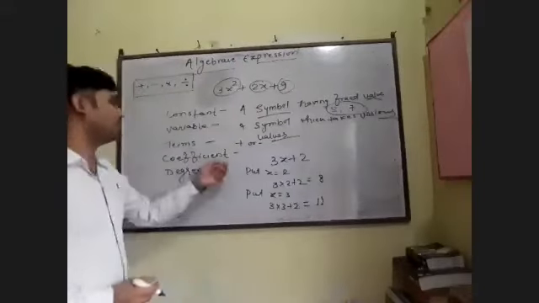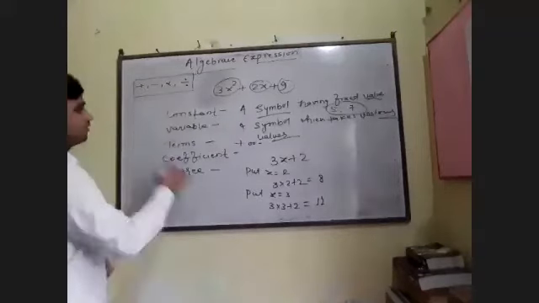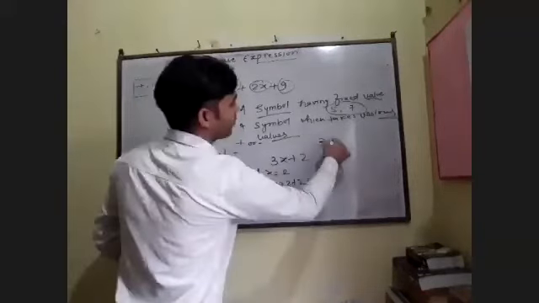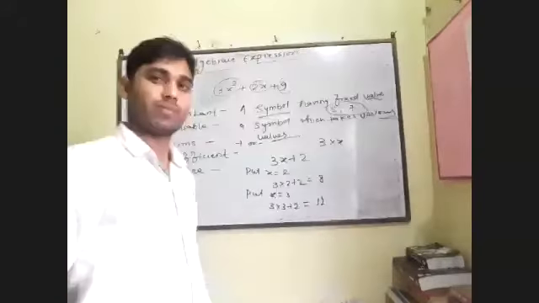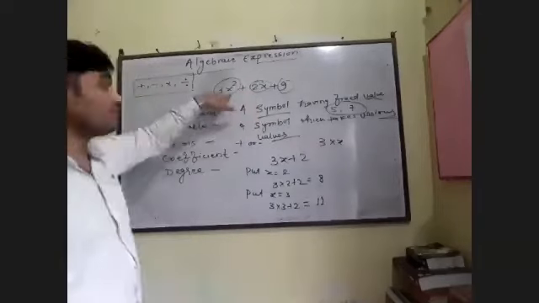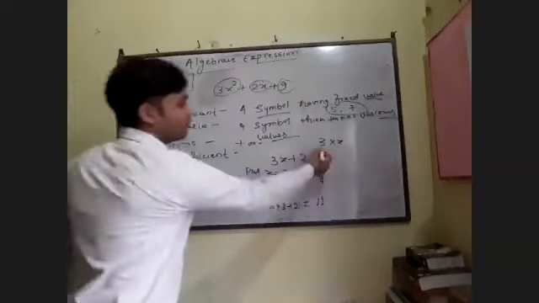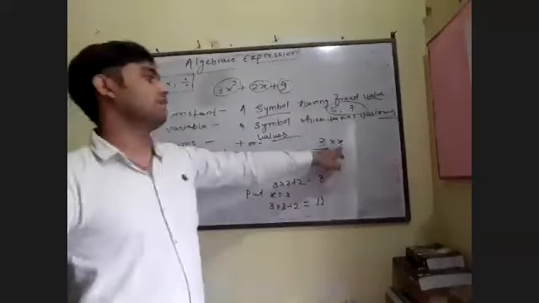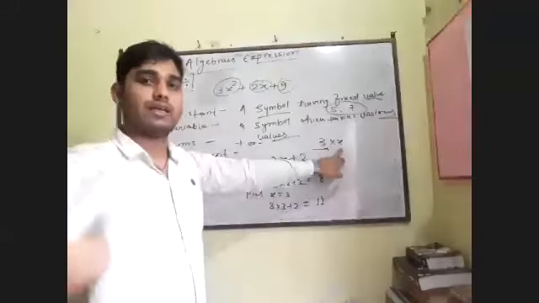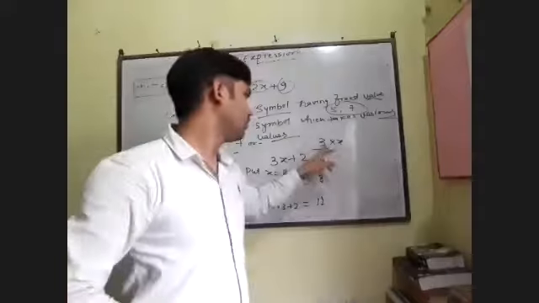Now, coefficient. The product of numerical values and the variable is called the term, but whatever numerical value is multiplied with this variable is called the coefficient.